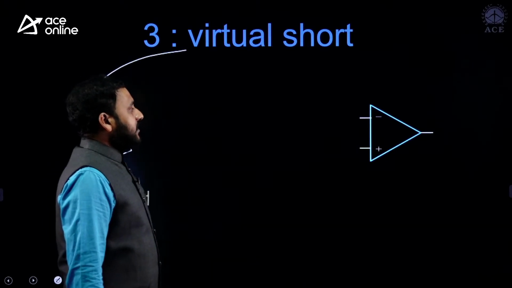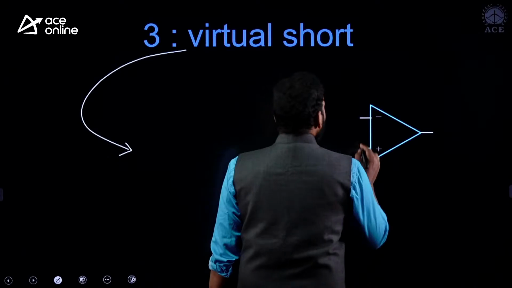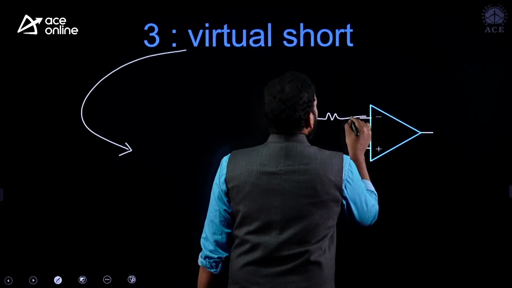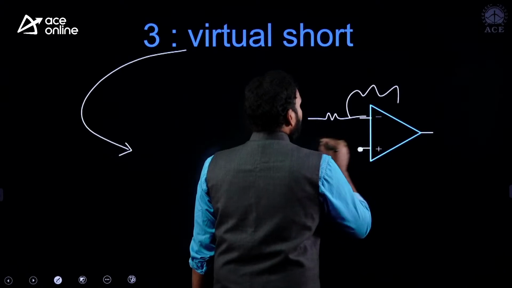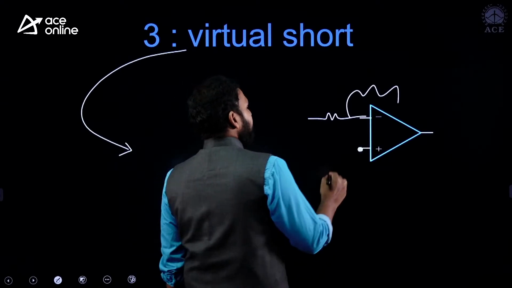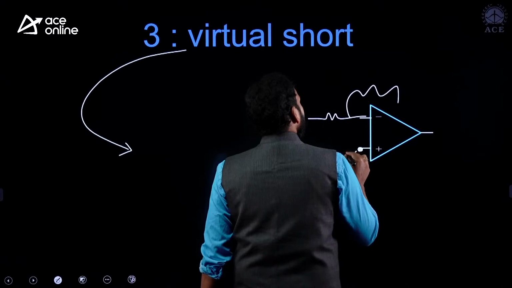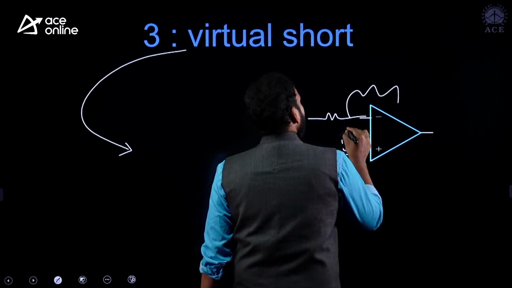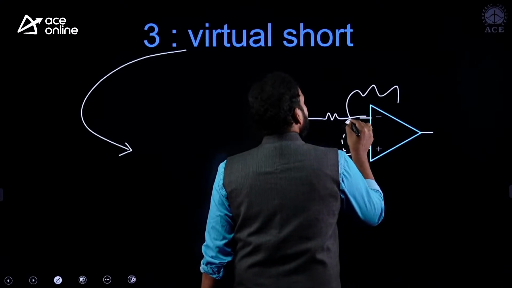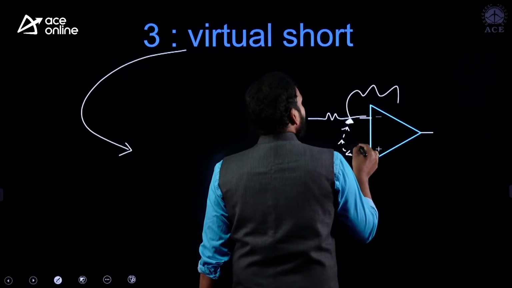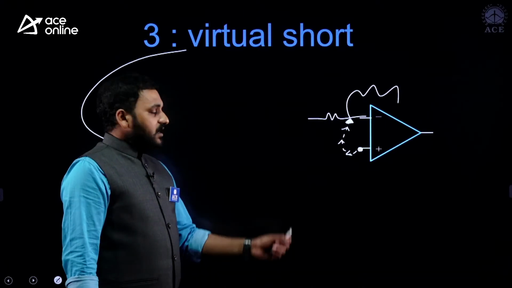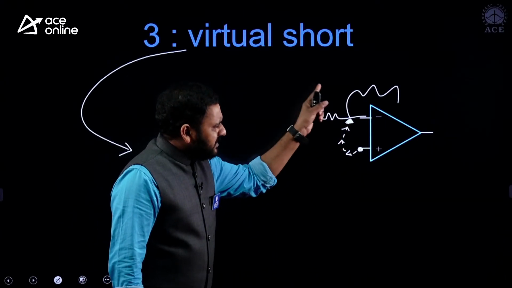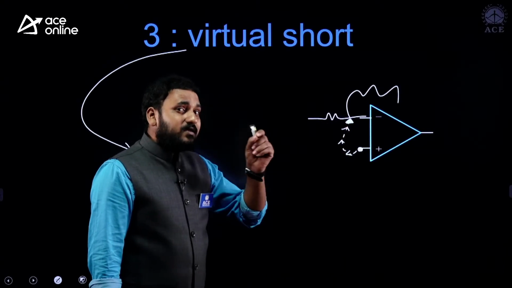According to the concept of virtual short, whatever voltage is available at the non-inverting terminal can be reflected at the inverting terminal. But there is a big story about why these two are virtually short circuited, whether they practically maintain the exact same value or there is always some error.